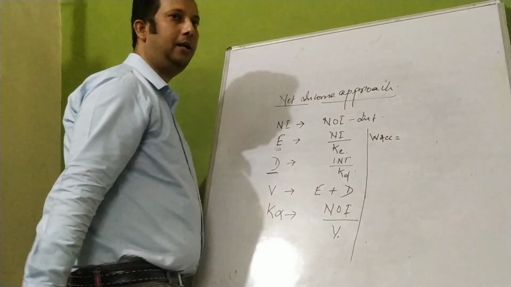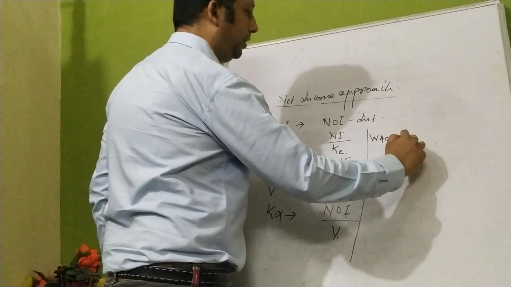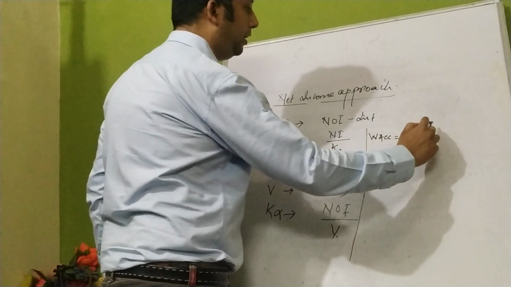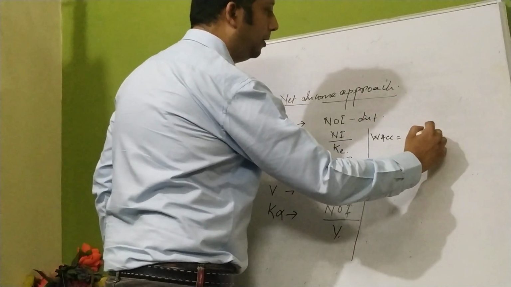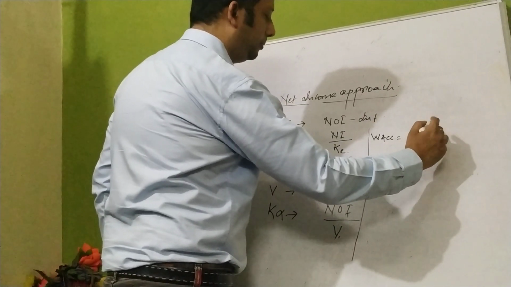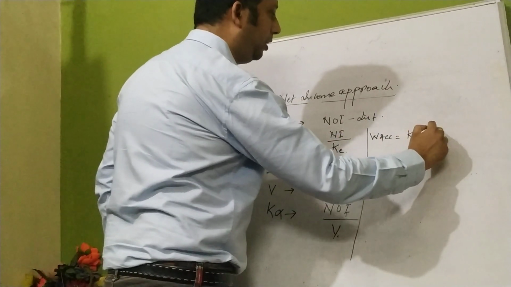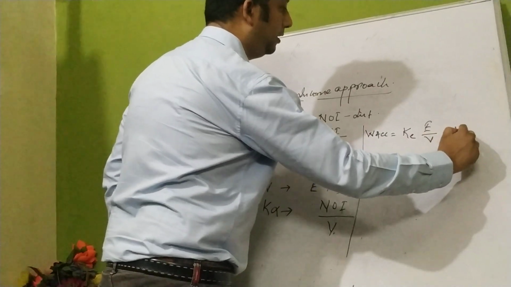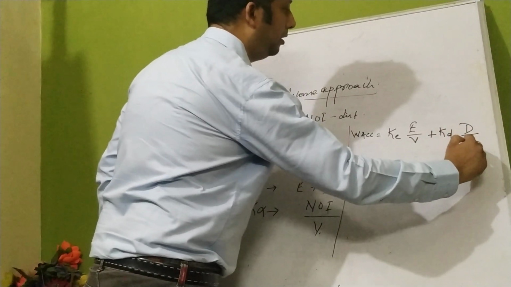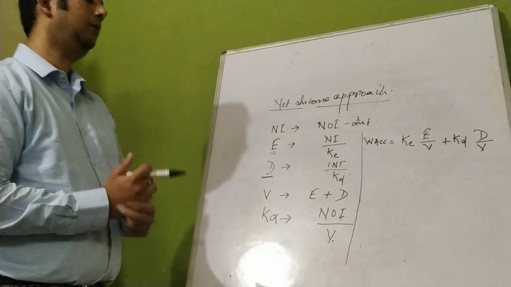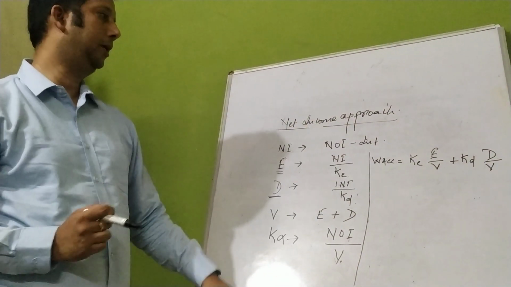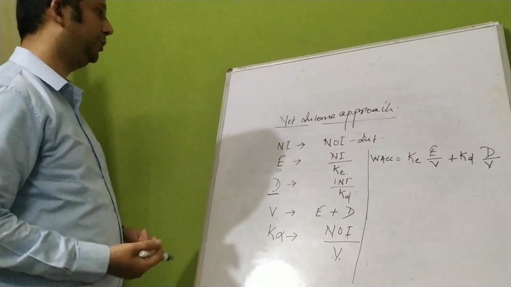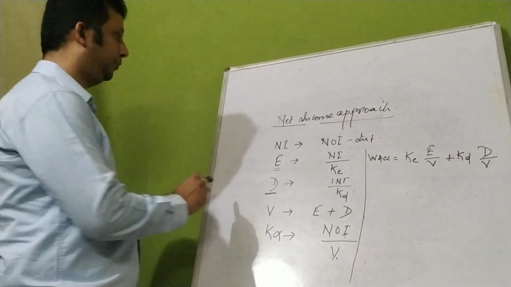So the weighted average cost of capital is equal to cost of equity into E upon V plus cost of debt into D upon V. So once you have mugged up this formula, then we will proceed to the numerical part.